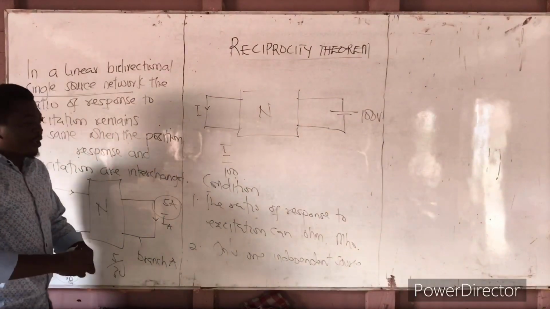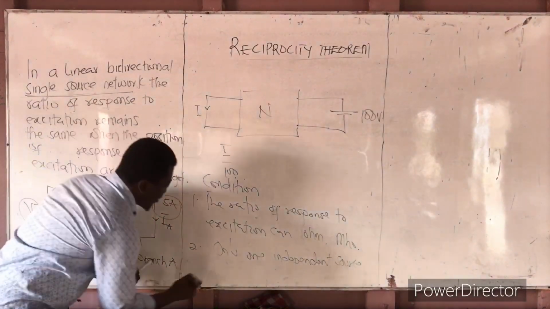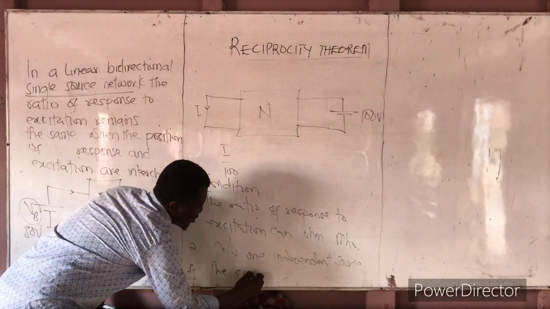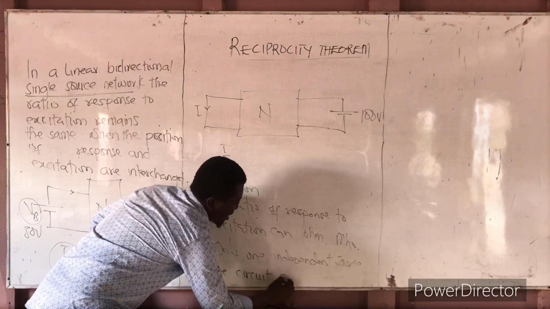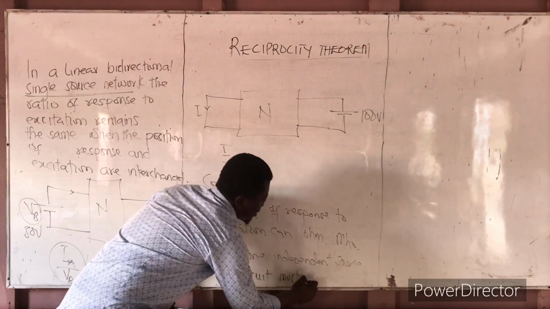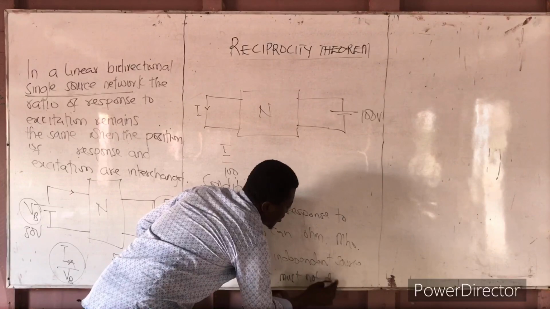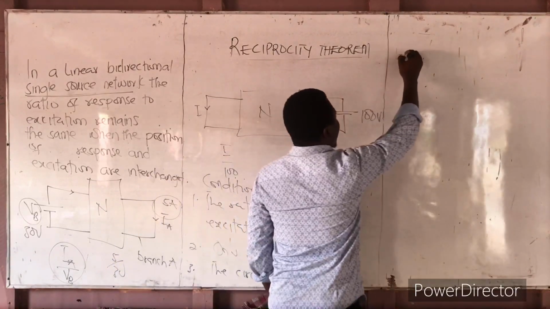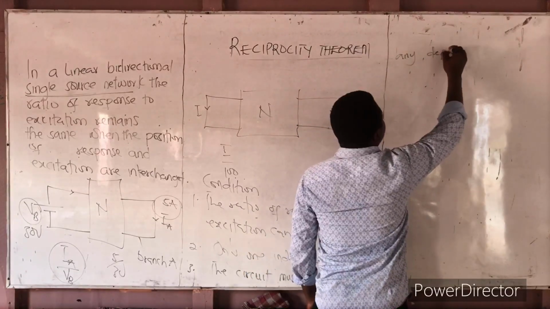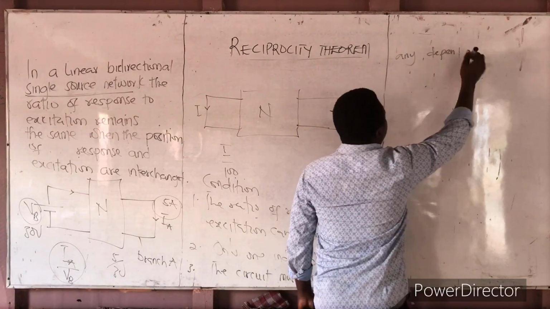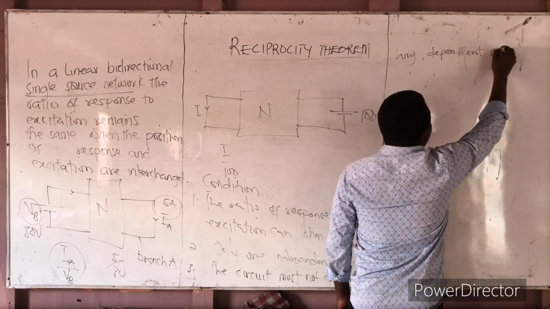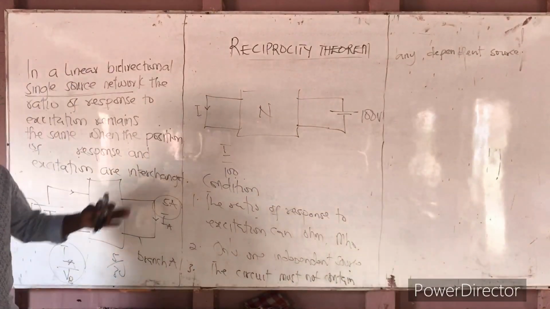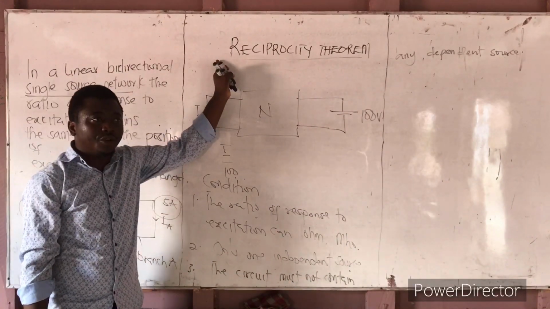And the circuit must not contain any dependent source. So these are the three conditions that must be satisfied before you can use reciprocity theorem.